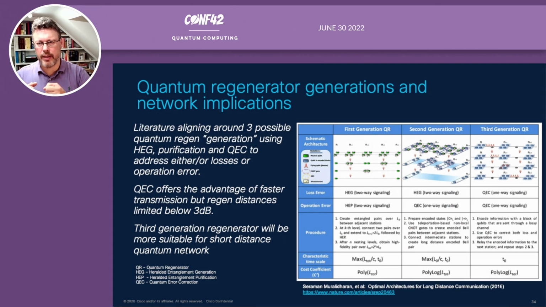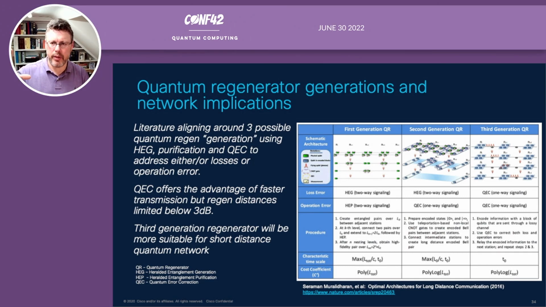But the point is that each generation starts to improve the efficacy of the overall system by introducing quantum error correction in two directions. Either it's used to compensate for loss, or it's used to compensate for error, operational error. So photon loss and operational error. And depending on how we apply it, depends on which one of these generations you happen to be.